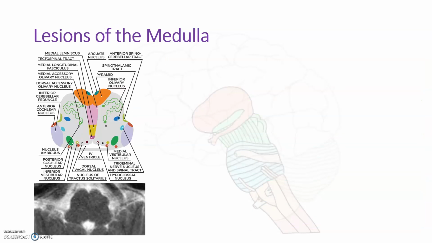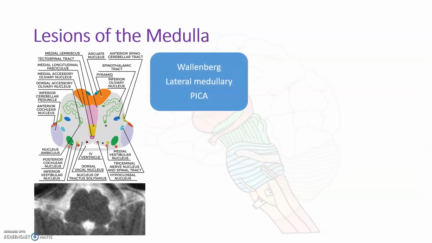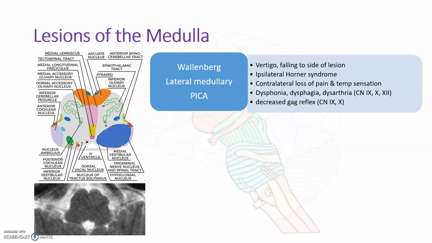Let's move on finally to the medulla. The lateral medullary syndrome is probably the most important of the brainstem syndromes in terms of your exam. It involves occlusion of the posterior inferior cerebellar artery. The patient presents with vertigo, falling to one side, and ipsilateral Horner's syndrome because of the effect on the sympathetic tract going to the eye and face.